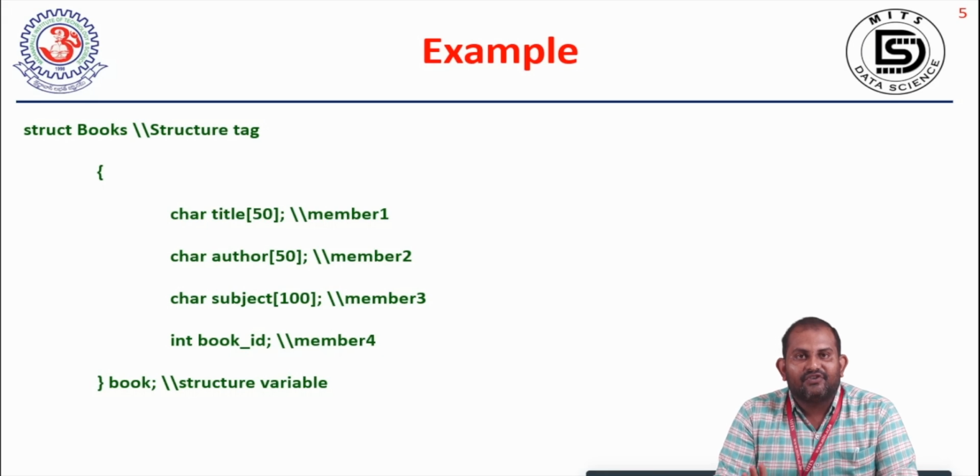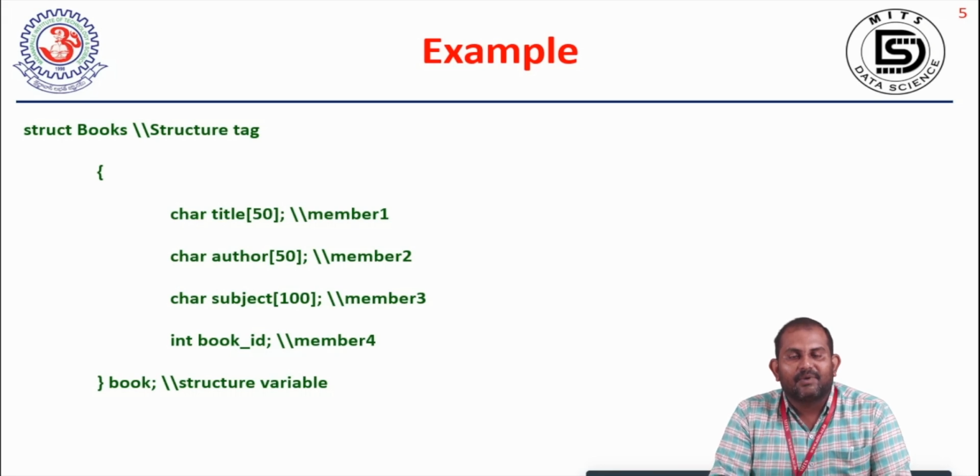I created 4 variables. In that, 3 variables are of character type and 1 variable is of integer type. Each variable carries some amount of space in memory. The title is going to carry 50 bytes. The author also will carry 50 bytes. The subject will carry 100 bytes, because we are using arrays here.